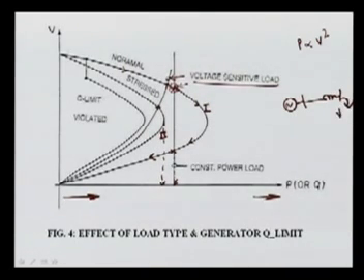If you keep on increasing, this generator or substation will have limited reactive power generation. If it hits this limit, what will happen? Suddenly this value will drop here, and the voltage, and then it will have another QV curve here.